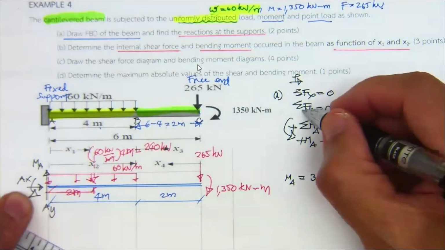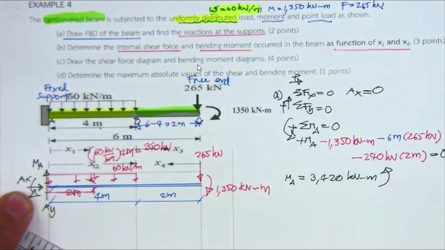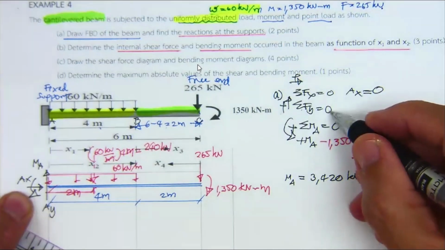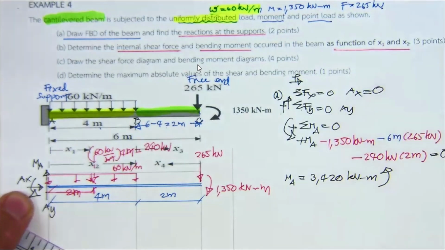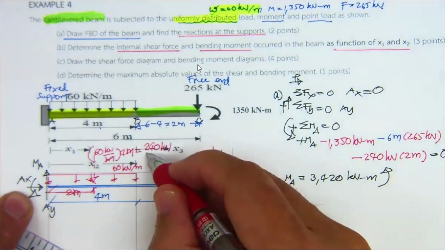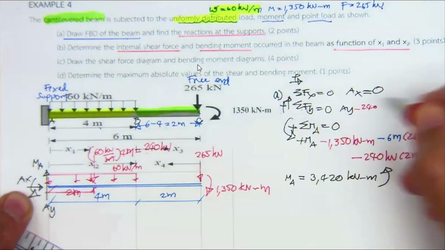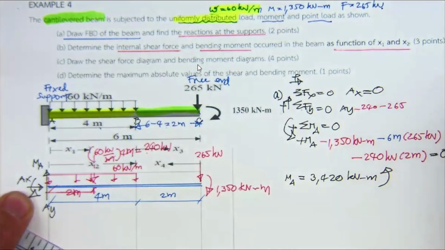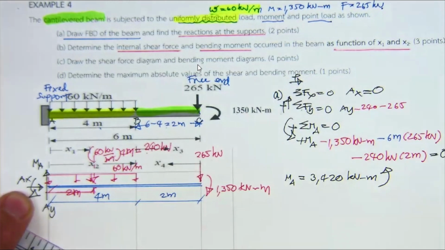And then for the summation of F sub y equal to 0, this one is upward. So A sub y, this one negative, minus 240, this one minus 265. For the moment we need to consider it, only consider the force equal to 0.